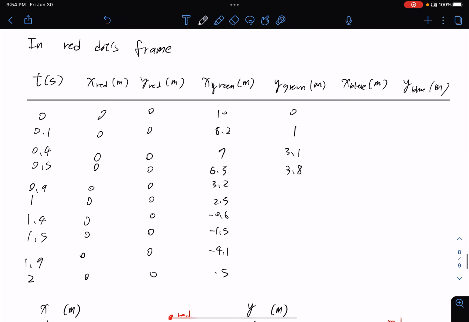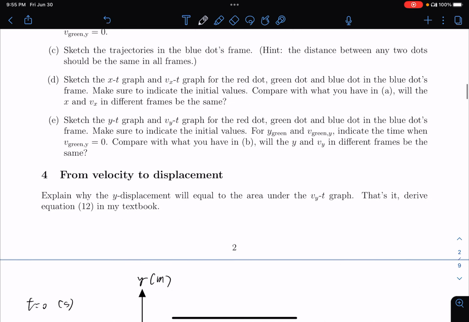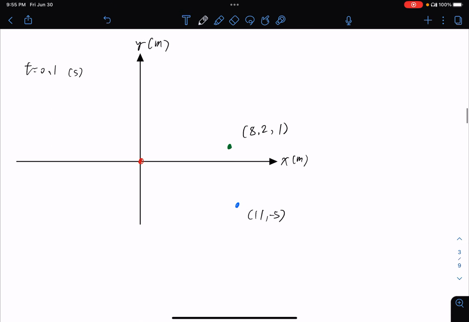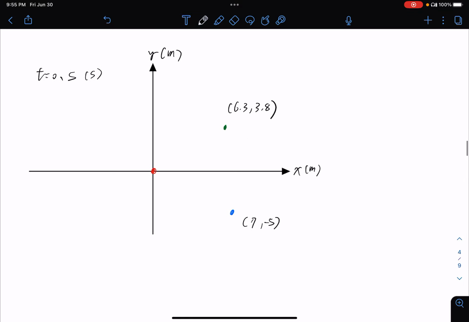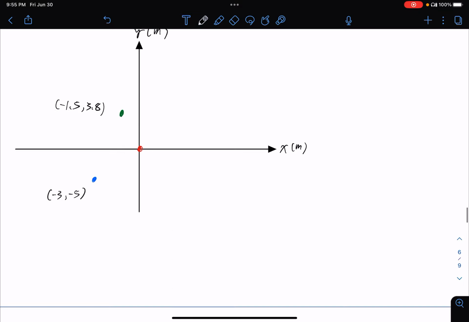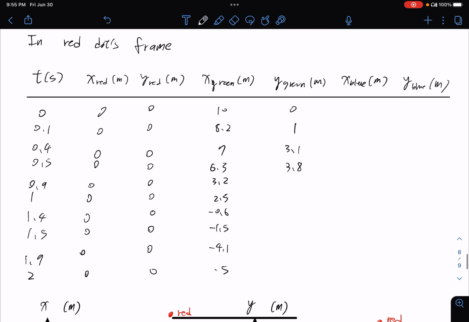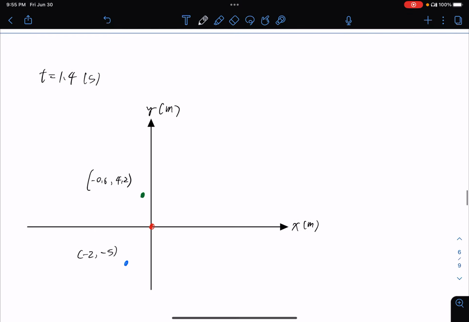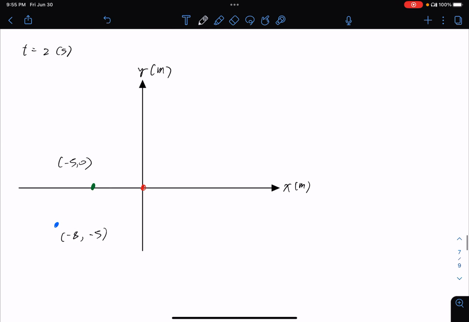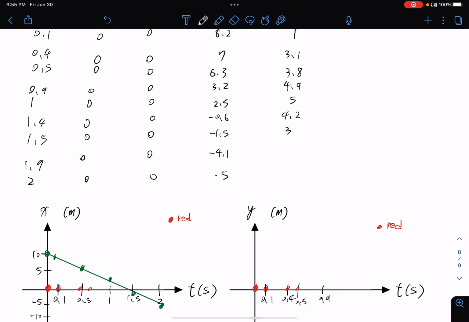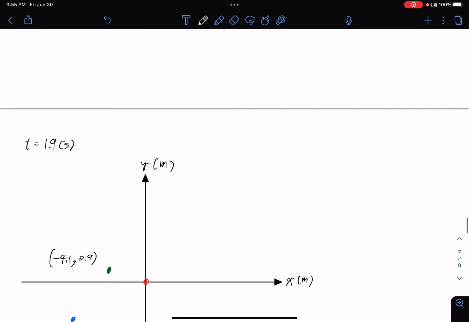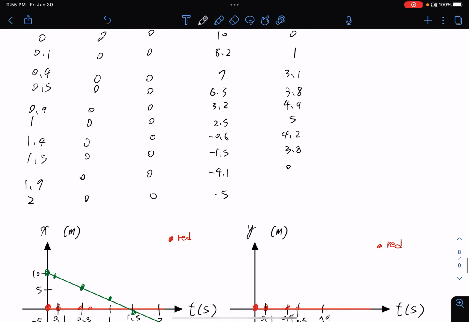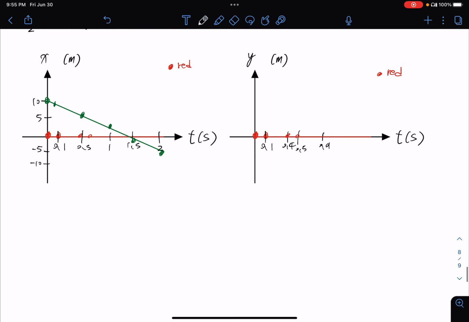Then 4.95. Then 4.2 and 3.8. Then 0.9 and 0.